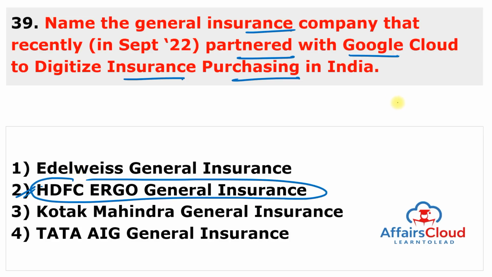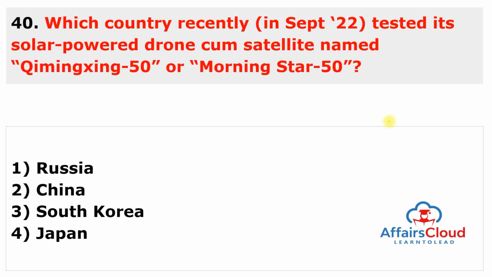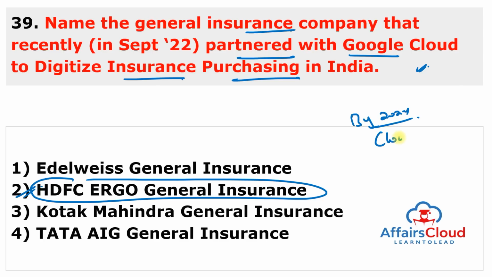HDFC Ergo General Insurance Company Limited, one of India's leading insurance companies, has announced a partnership with Google Cloud to develop a technology platform that will aid in digitization of insurance purchasing and services in India. By 2024, HDFC Ergo intends to be completely migrated to the cloud. It means they will sell all the insurance products online.